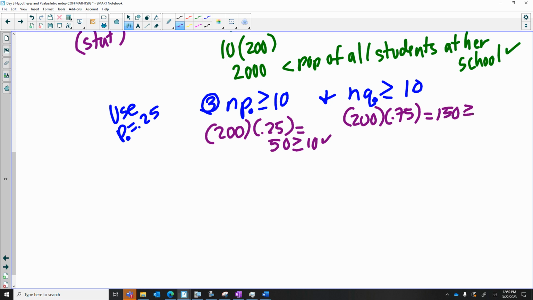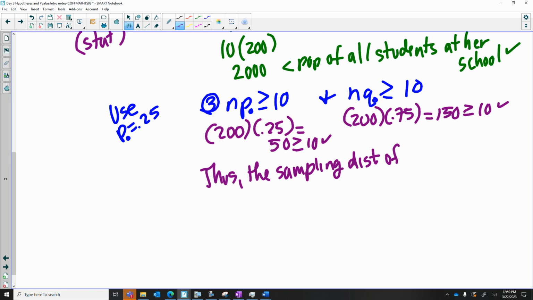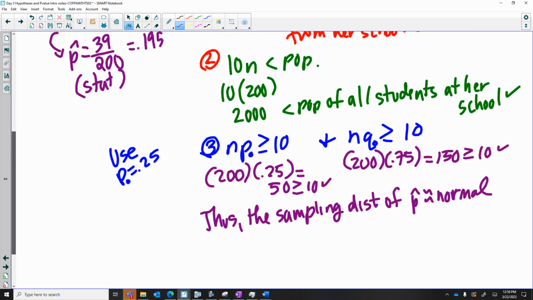Thus, the sampling distribution of p hat is approximately normal. So all of this is not new. It is review from both chapter 7 and what we just did, the 1 proportion Z interval for proportions, right? So now you may be thinking, well, where are we headed?